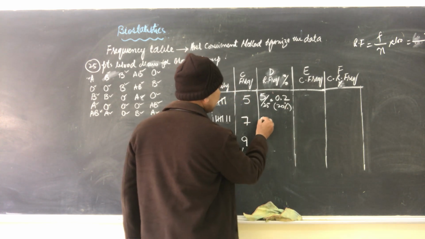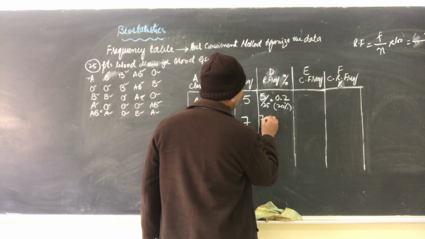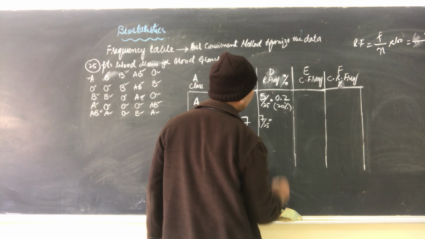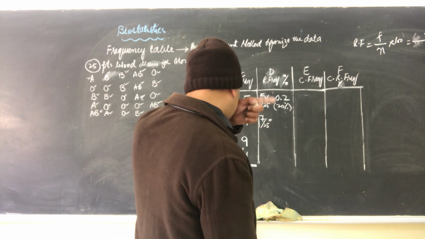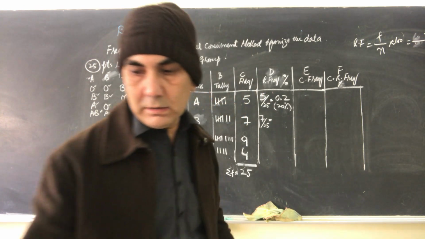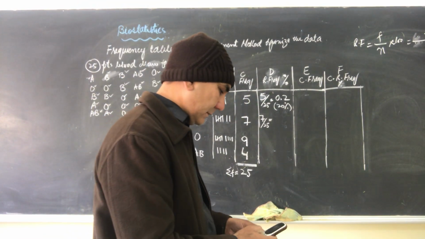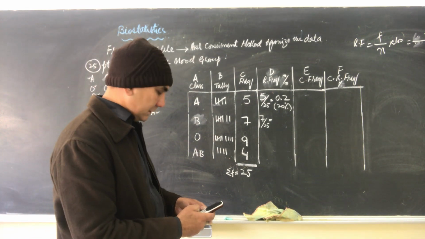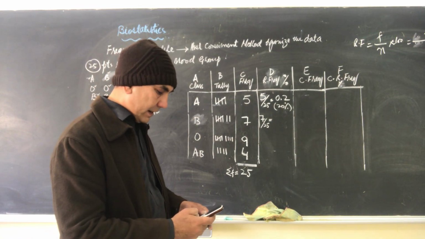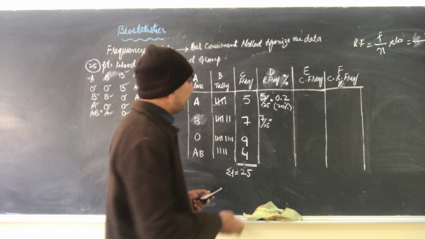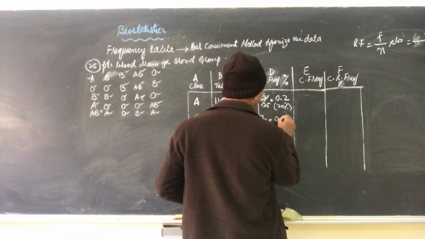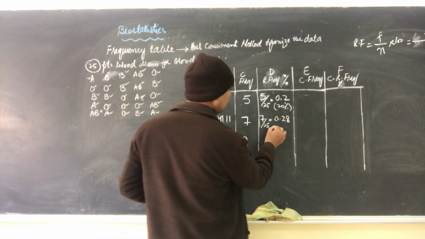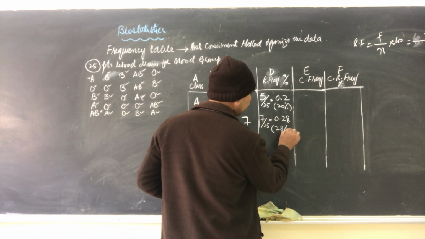Okay. Now 7 divided by 25 is 0.28. 0.28 means 28%.